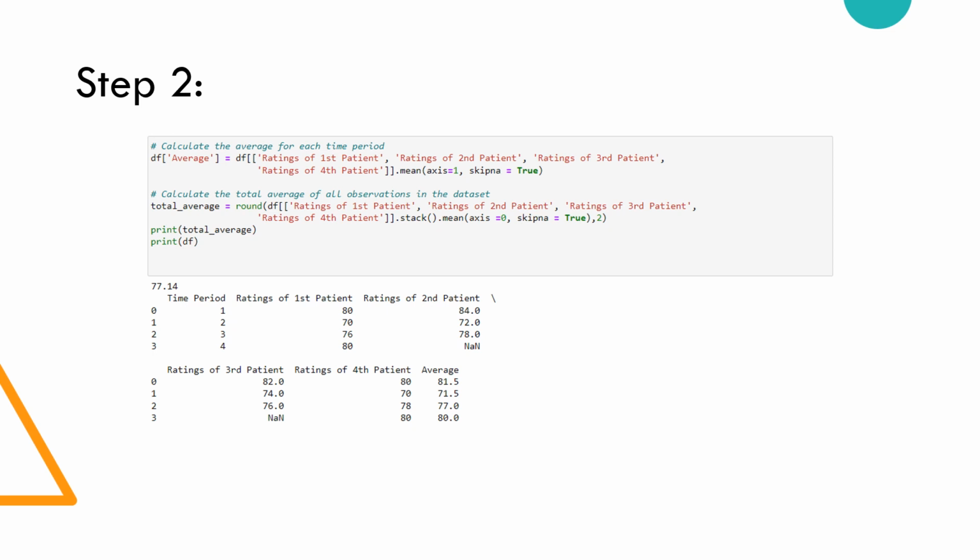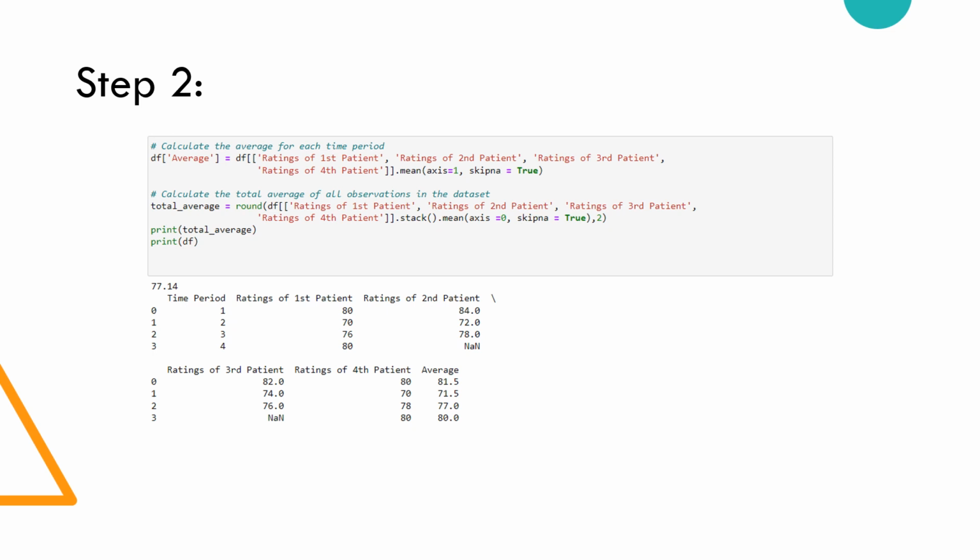The next step is to calculate average for each time period and total average of all observations in the dataset. The first line of code calculates average rating for each row. Here axis equal to 1 will perform mean operations for each row and return a result where each row represents mean of corresponding row's values.